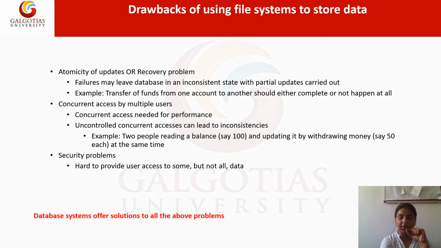So if one person is at a higher post or higher authority, and you want to give the authority to see all the tables of the database and all the records, then you can give. If the person has to work only on certain tables, then you can give authority to see those tables only. So that way, this is an advantage of using DBMS.